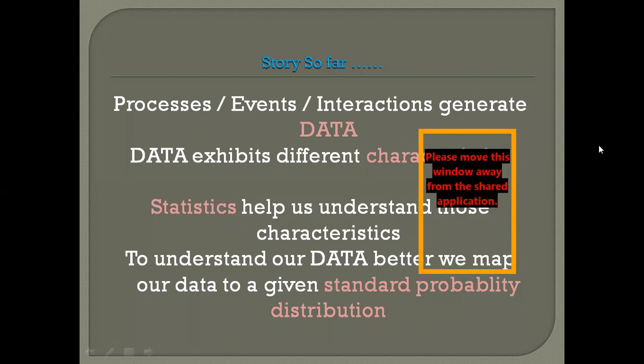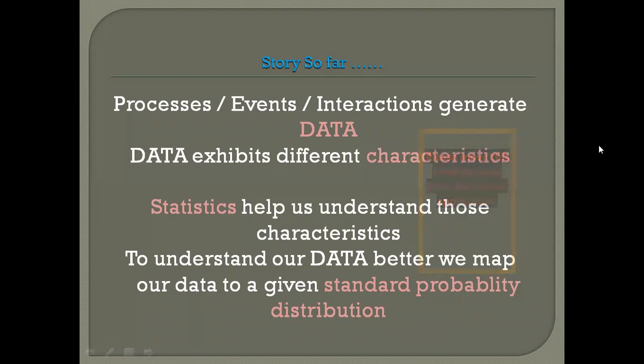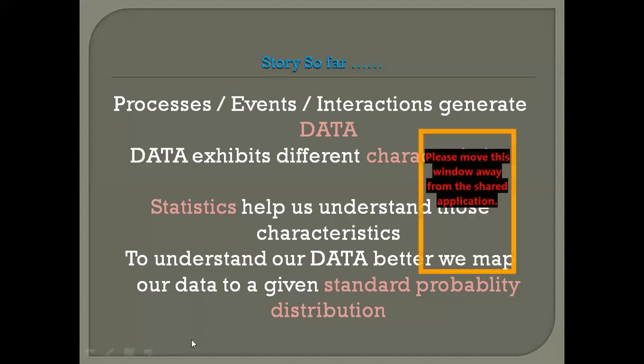Just mapping our own problem or process to a distribution is enough for us, because once you are sure about what kind of process you have at hand, and you map it with the probability distribution, then you can dive further and further into that probability distribution, right?